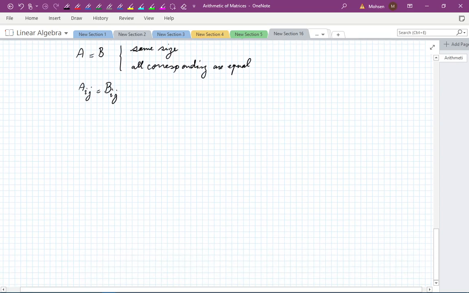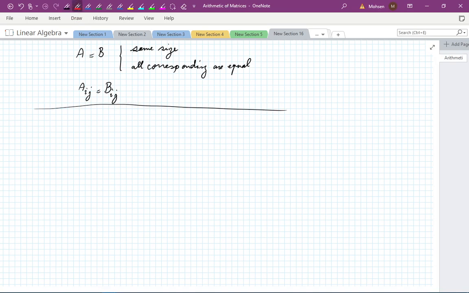Arithmetic, oh well, where does our arithmetic start? Of course, arithmetic starts with addition and subtraction. So what is meant by A plus B? Well, exactly what you think it's supposed to mean. So suppose I have, let's write a simple matrix 2, 3, 4, 5, 6, 7, and I have another one.